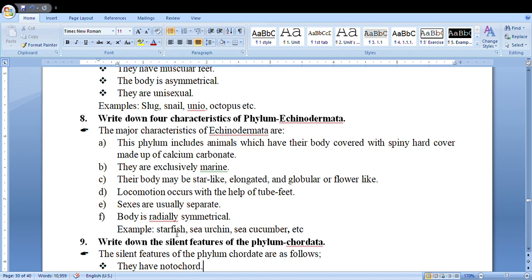Sexes are separate usually. Body is radially symmetrical. Radially symmetrical means they are round bodies, cylindrically round, and they can be cut into two equal halves through their radius or through any axis. Example: starfish, sea urchin, sea cucumber, etc.